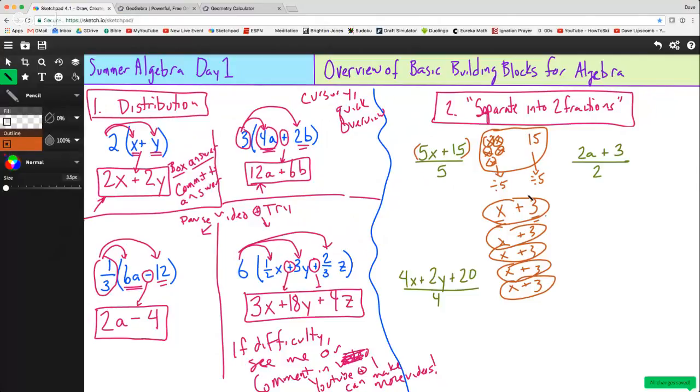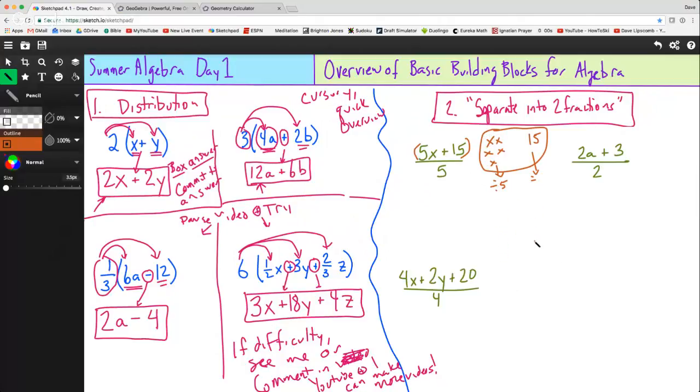Now if I take those 5 people who divided up this 5x plus 15 and I put them all back together, I'd get back to where I started. I'd have 5 x's, and I'd have 3 plus 3 plus 3 plus 3 plus 3, or 15. So let's undo that for a second and show the quick way of how you calculate that.